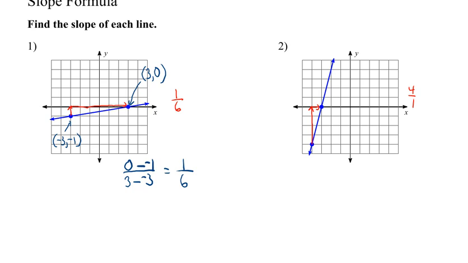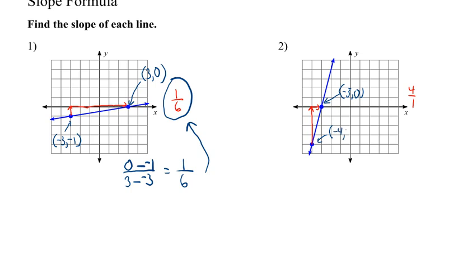All right. Let's take a look at these coordinates. The coordinates of this point are negative 3 for x, 0 for y. The coordinates of this point, negative 4 for x, negative 4 for y.